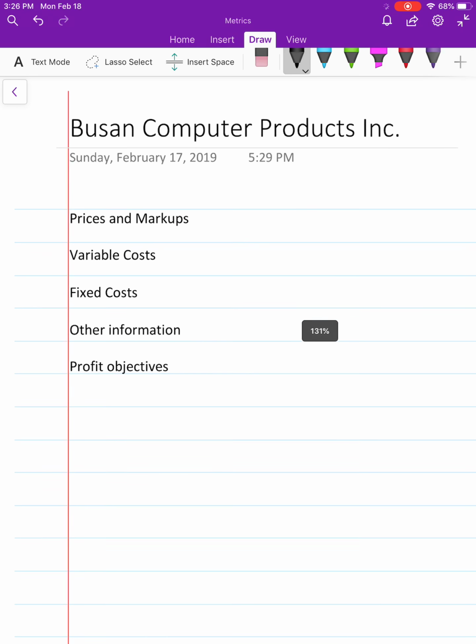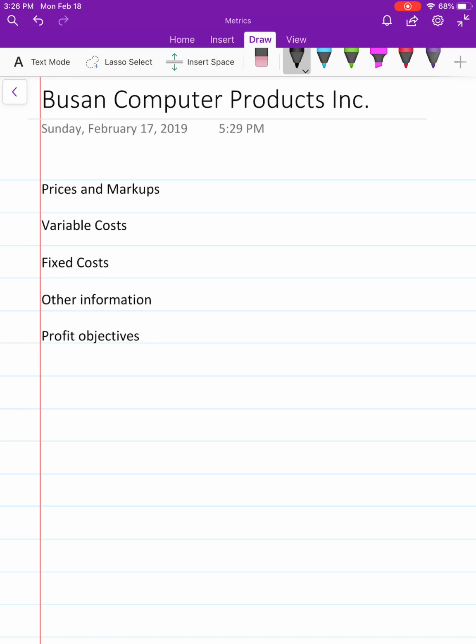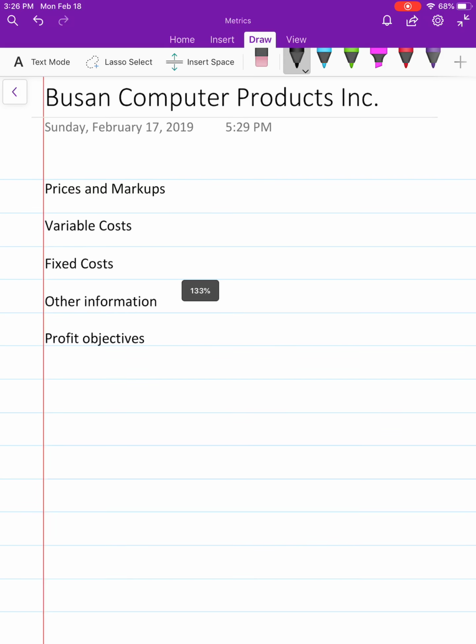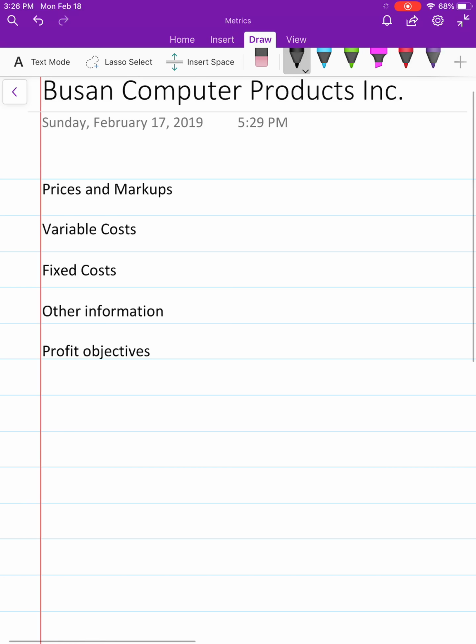Okay, having said that, now we are going to solve the case by hand. And please remember, for this kind of complicated case, you should always solve the case by hand before you start solving the case in Excel.